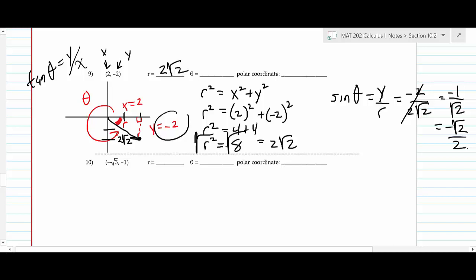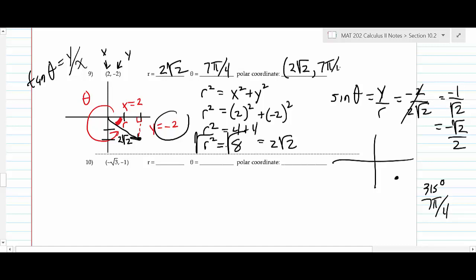That's a 45-degree reference angle, right? So if you looked this up on the unit circle, you would find at 315 degrees, which I think is 7 pi over 4, you would find that point anyway. So for theta you could use in radians 7 pi over 4. So your polar coordinate would be 2 radical 2 for the radius and 7 pi over 4 like that.